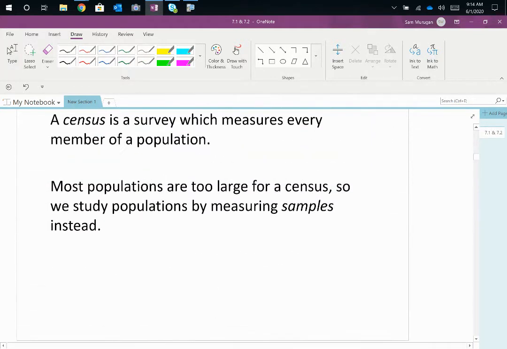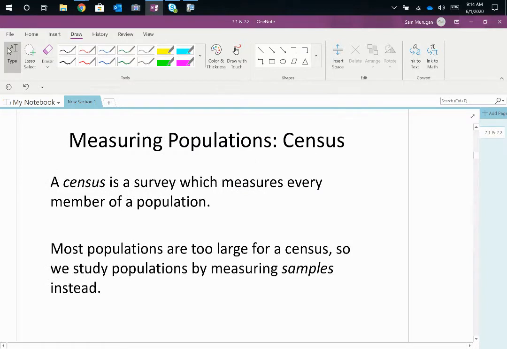Now, measuring populations. We're currently in the United States involved in a census, where families received information in the mail on how they can participate in the census of the United States to determine the current population.